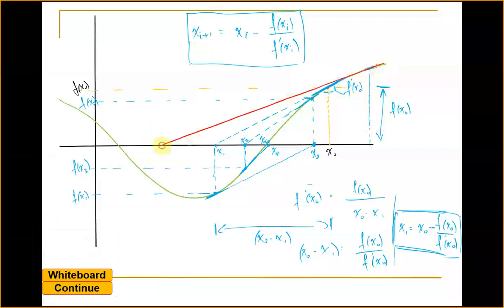And then that slope would have thrown me here, and then that would have thrown me to my final answer, close to my final answer. That would be the final one.